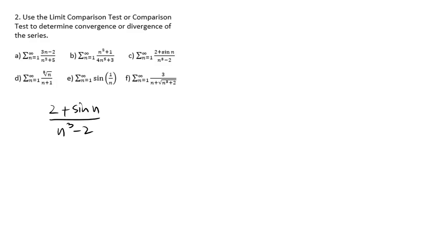I do know that sine can never be bigger than 1 or less than -1. So this is something that's between 1 and -1. So overall, this should be between 1 and 3, because 2 plus -1 will be 1, and 2 plus 1 would be 3. So I know that 2 plus sine n would be between 1 and 3. That I know.